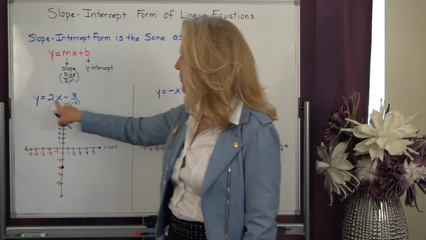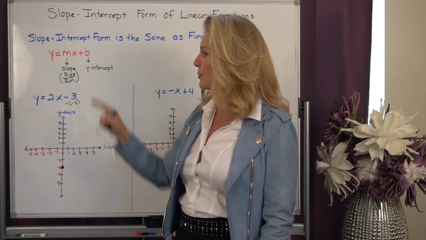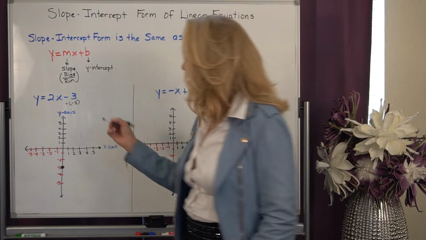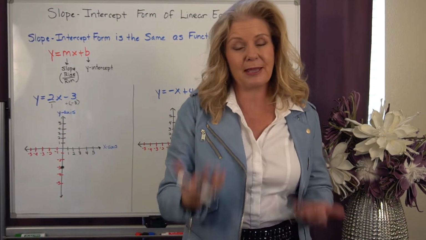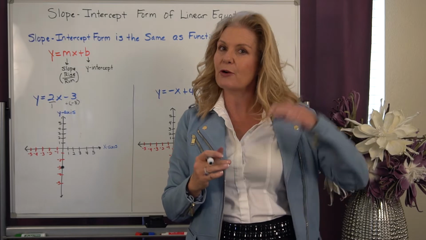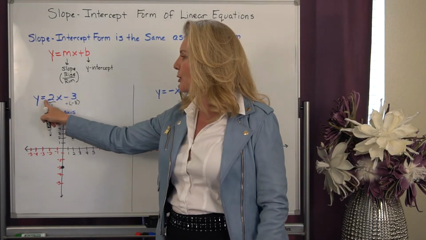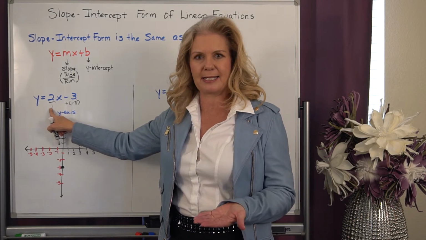Now I know the m represents the ratio of rise over run. I only have a single number there, but I can always put a 1 under that 2 to keep it the same value. Now I have a rise and a run, and what that rise tells me is that I'm going to go up 2 and then over 1 and place the next point.